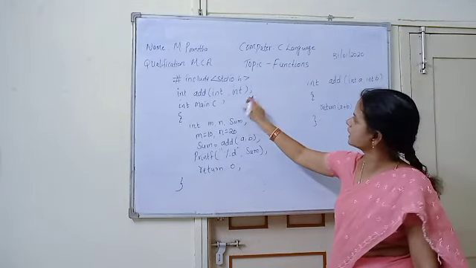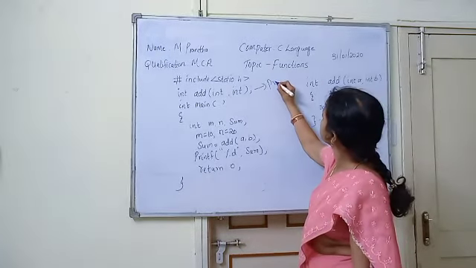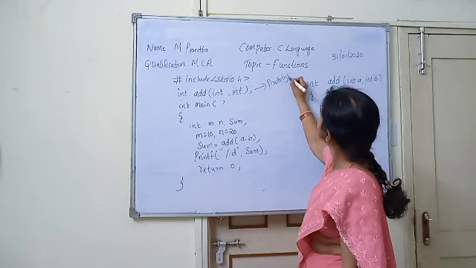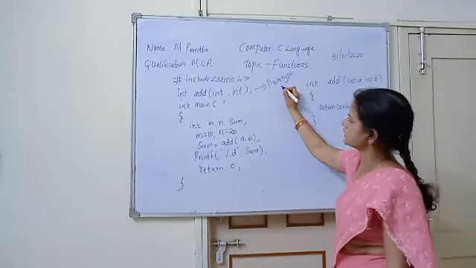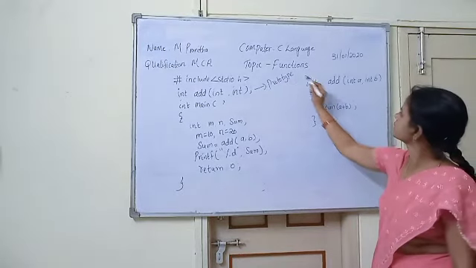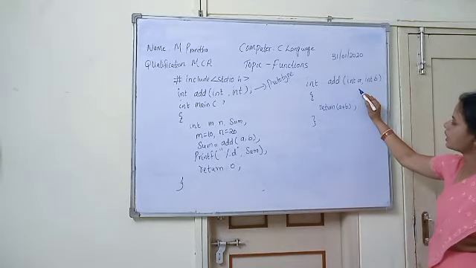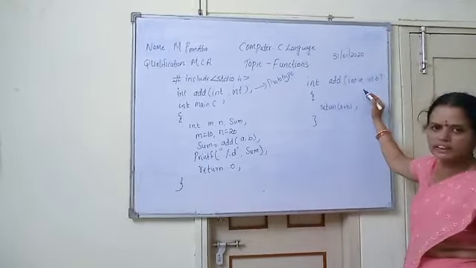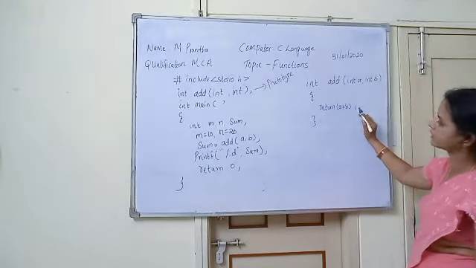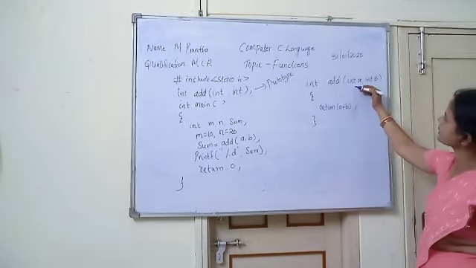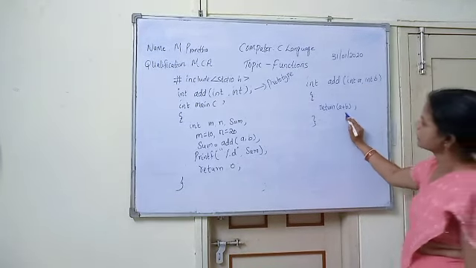This first line indicates the prototype, or the declaration of the function. And this part is nothing but the definition of the function. Here we are defining what the function should perform. We are giving the instructions in this function.